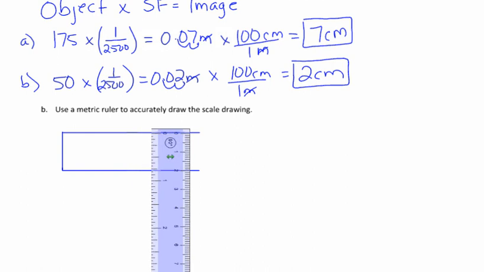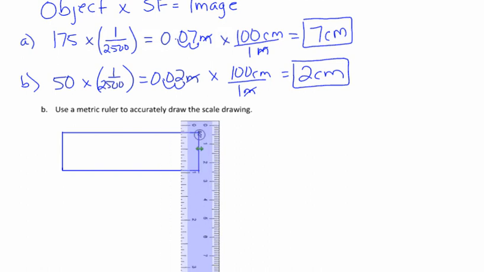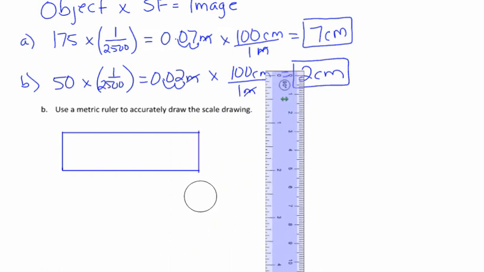By 2. So yours will be more accurate than what mine will be. And then maybe just labeling your dimensions, 7 centimeters and by 2 centimeters.